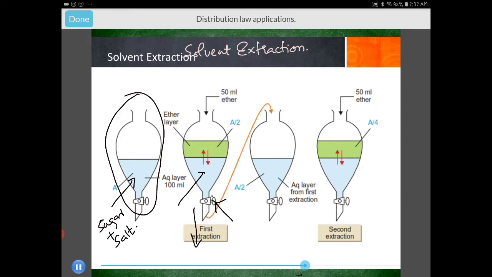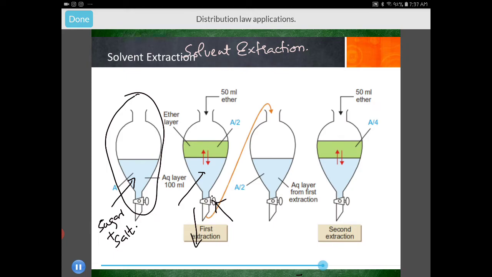Recall that the distribution law says that, even if you have mixed it with 50 ml, the whole amount of the sugar need not get into the organic layer. According to the distribution ratio, only some part of the sugar will get into the organic layer. So you will be repeating the procedure.